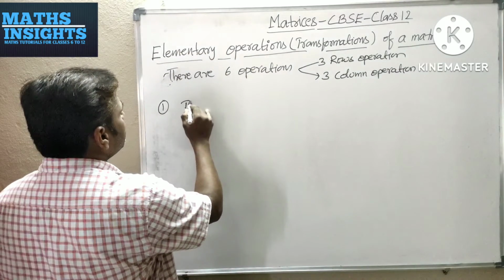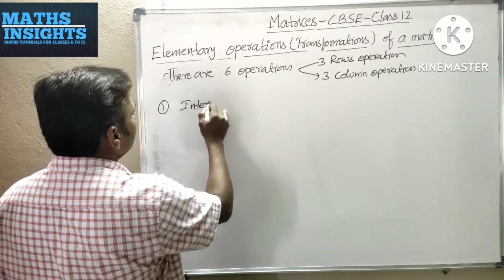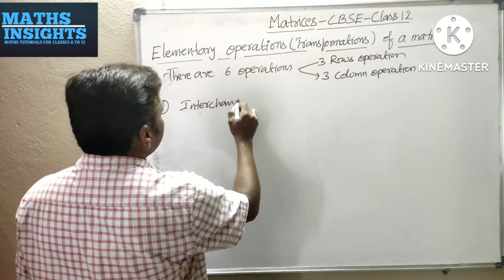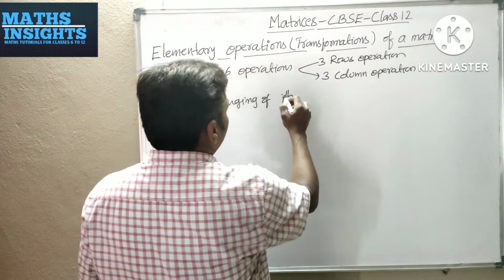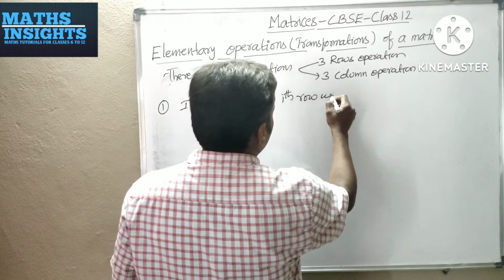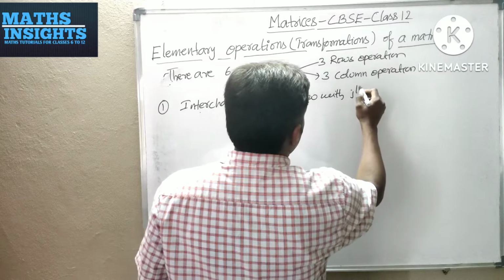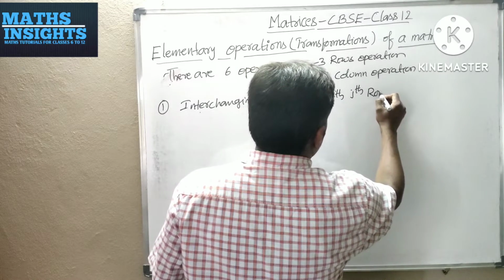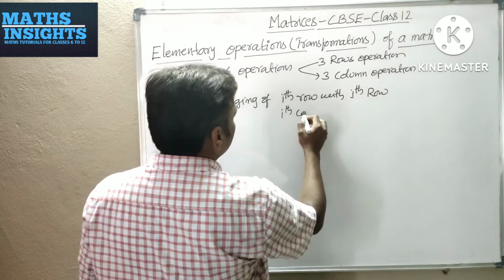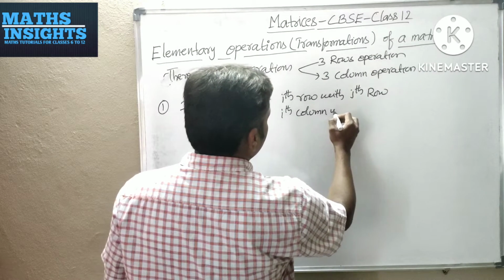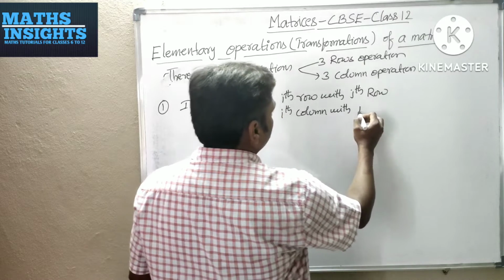Interchanging is called interchanging of the ith row with the jth row, or the ith column with the jth column.